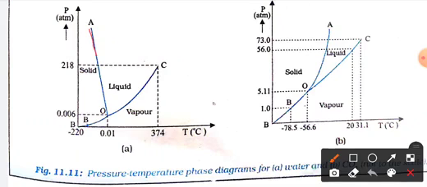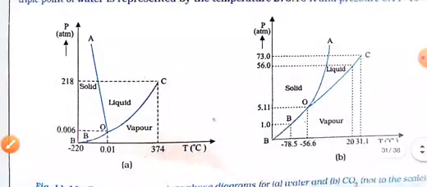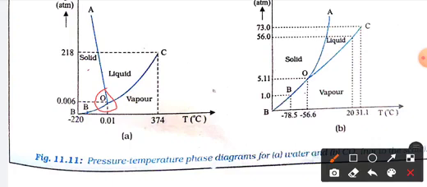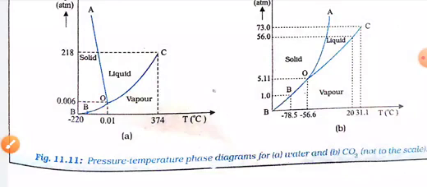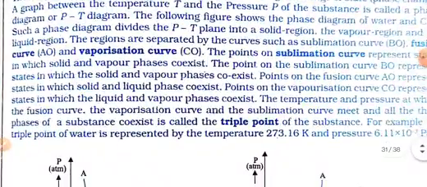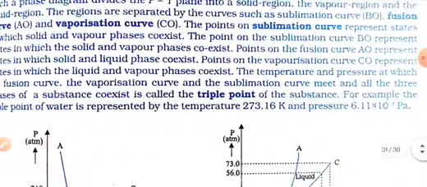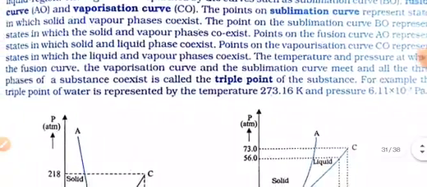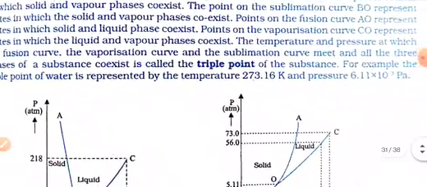Scientists have observed that all three curves meet at a point O. At this point all three phases coexist together, in solid phase, liquid phase and vapor phase. So this point is called the triple point of the substance.